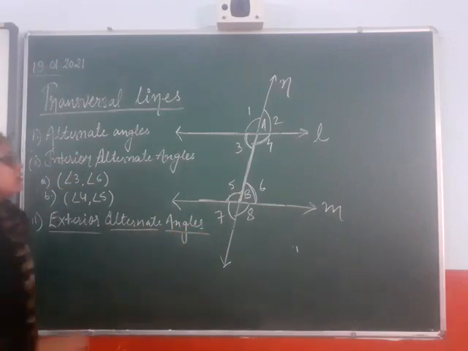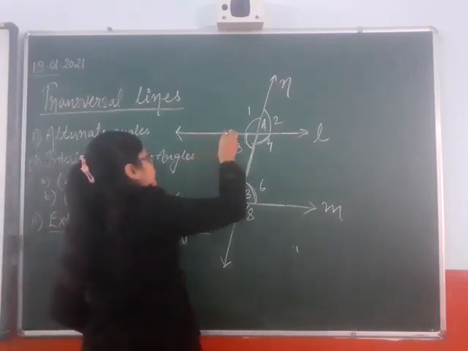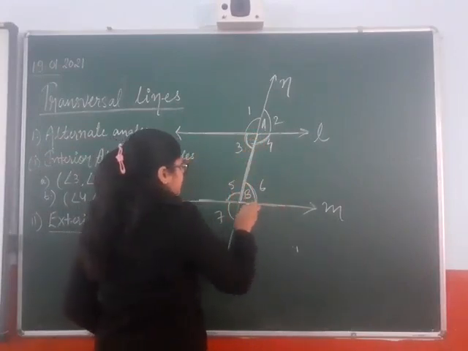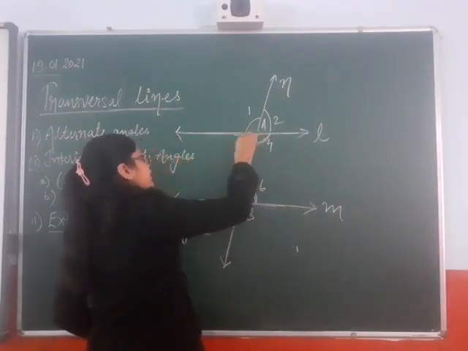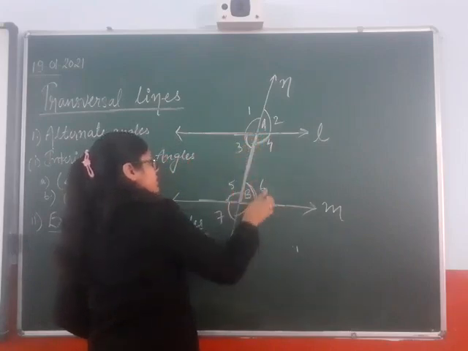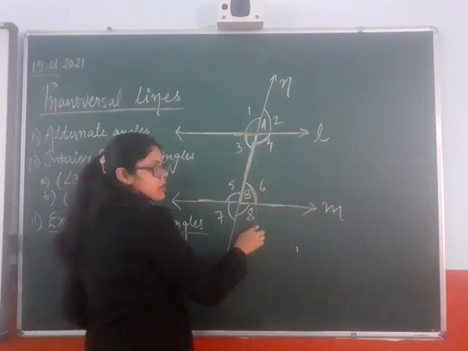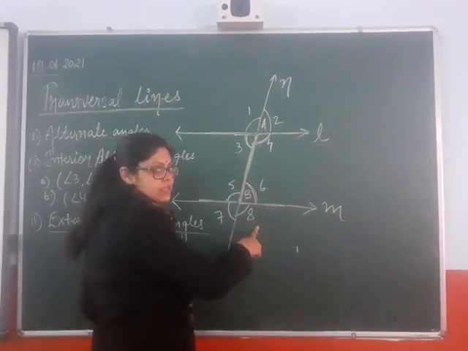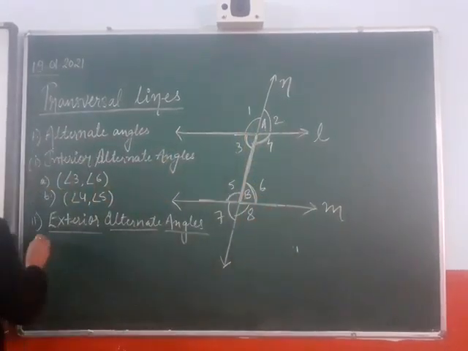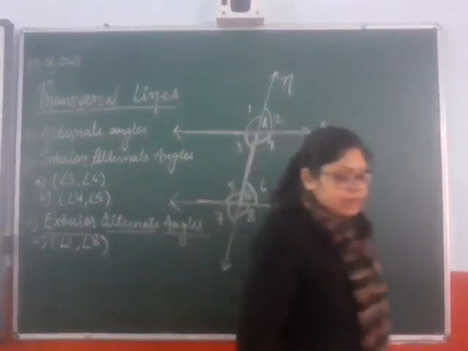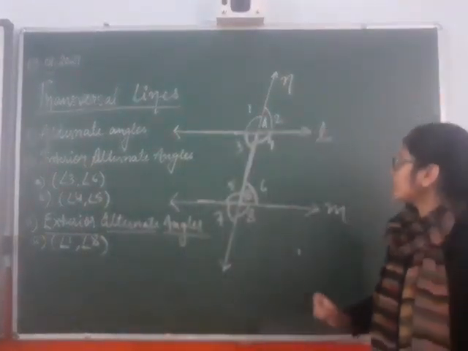You can see here, as I said, while doing the interior alternate, we were writing the inner ones, 3 and 6, as interior. What is above 3? Angle 1. And what is below 6? 8. So angle 1 and angle 8 are forming exterior alternate angles.